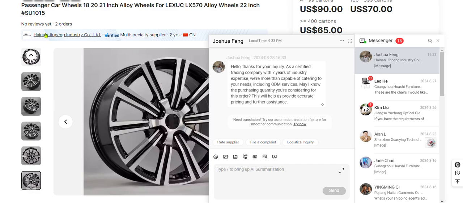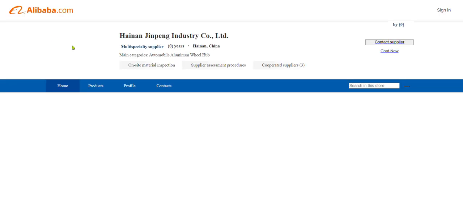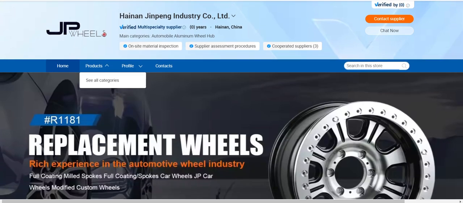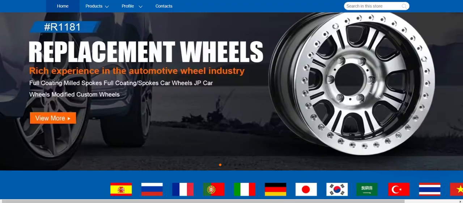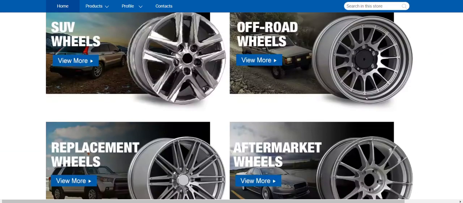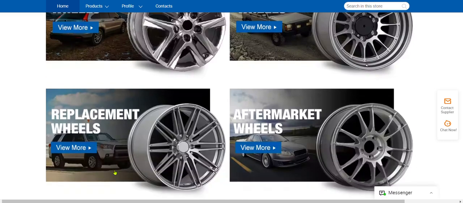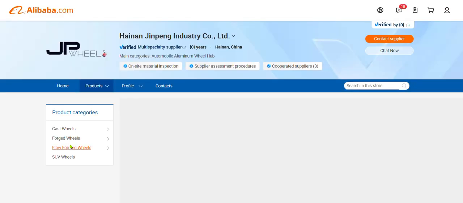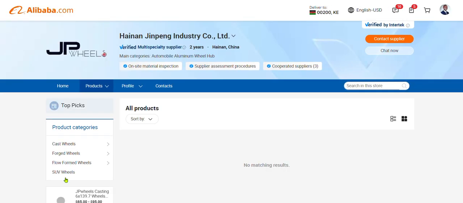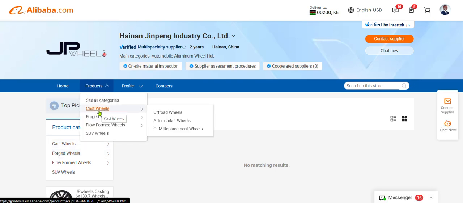And this company has a lot of rims. Besides that, there is definitely another one. There are a lot of rims. I love the SUV, but let me look at the replacement rims, view more. So on the replacement wheels, there's absolutely nothing there.